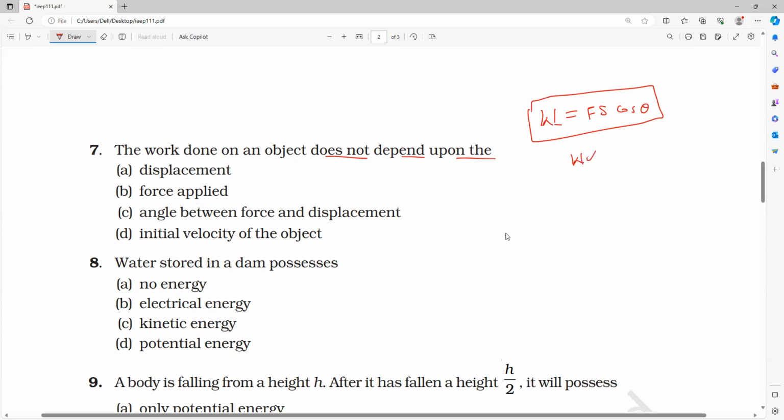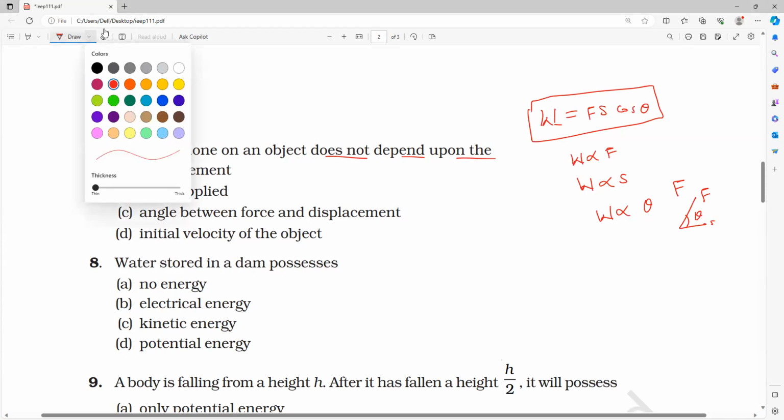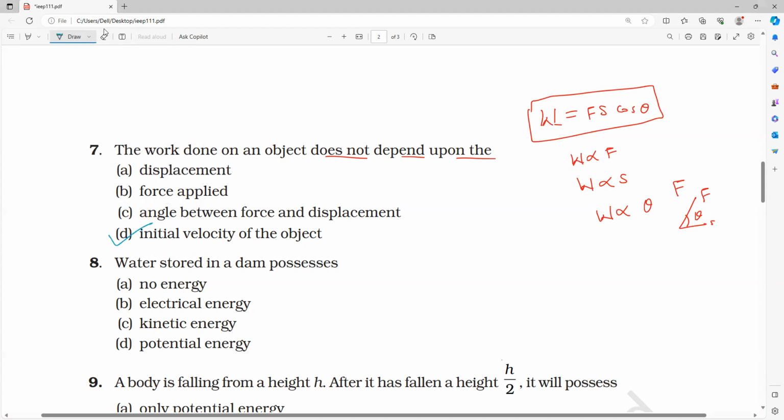Work done is directly proportional to force, to displacement, and to theta, the angle between the force and displacement. So which does it not depend on? Initial velocity of the object. Very good.